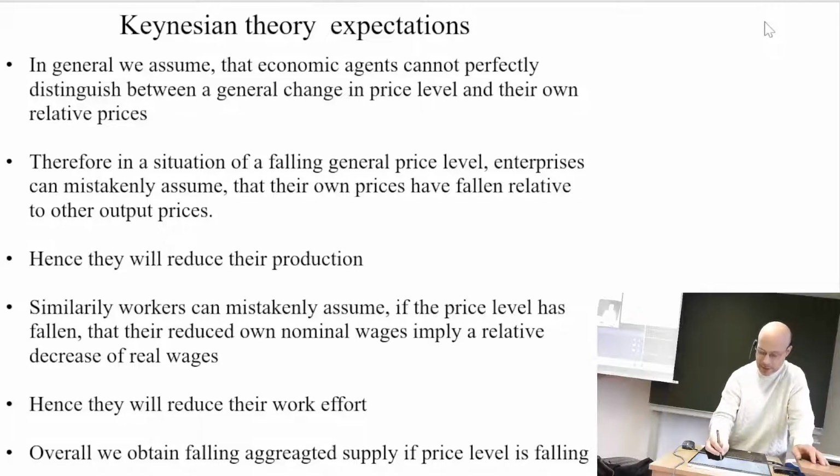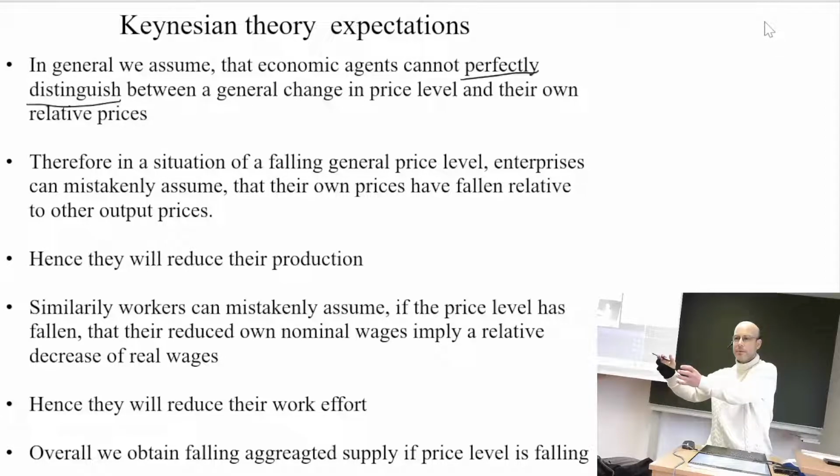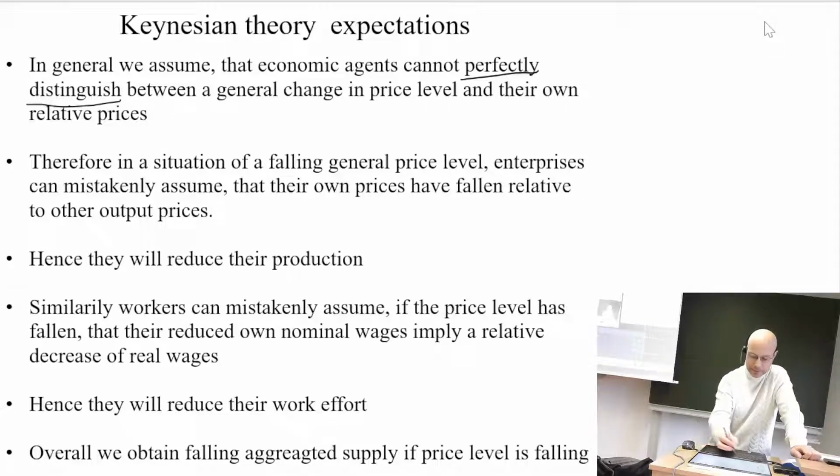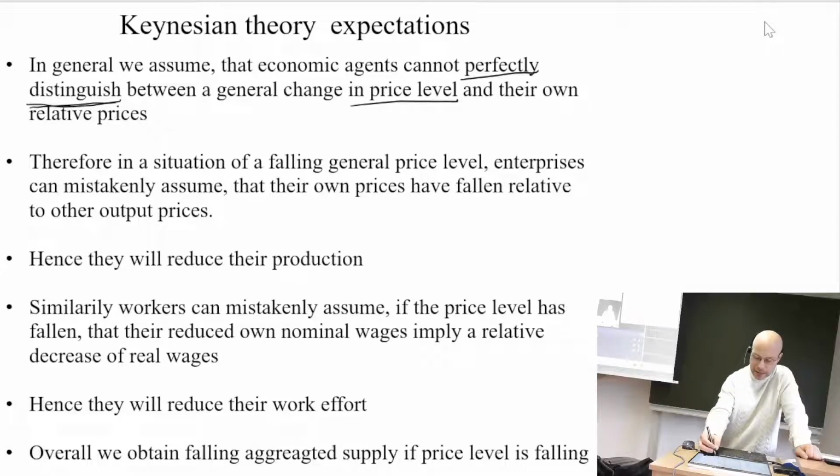And what we assume is that we cannot distinguish if price level is falling. Does this mean that also the prices in my branch are falling? Or if my price development in my branch has another development? So I cannot distinguish relatively what is the change in general price level and how does this depend on my own relative prices compared to this general price level in the economy.